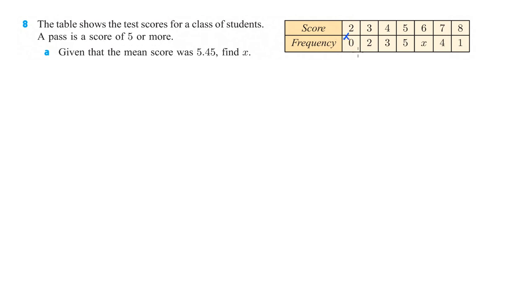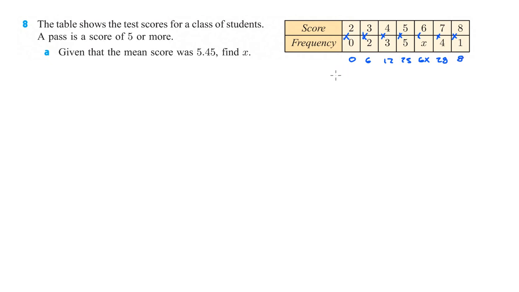2 times 0 is 0. 3 times 2 is 6. 4 times 3 is 12. 5 times 5 is 25. 6 times x is actually 6x. 7 times 4 is 28. 8 times 1 is 8.